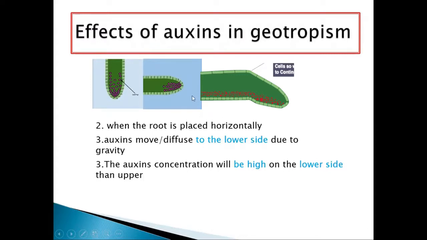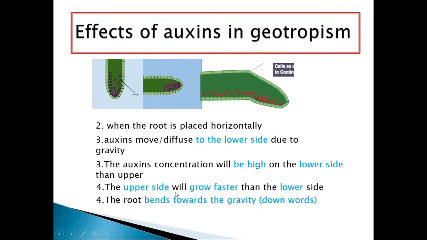The lower side will grow less than the upper side because the lower side has more auxins, and auxins inhibit. Because on the upper side there is no inhibition, the upper side will grow faster than the lower side. And then the root will bend towards gravity. So it means that it's going to grow downwards.